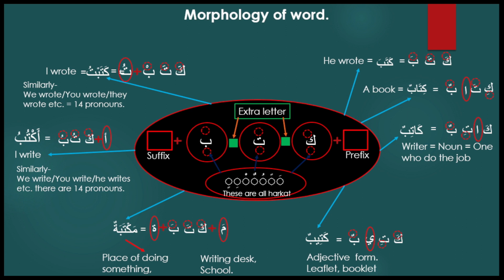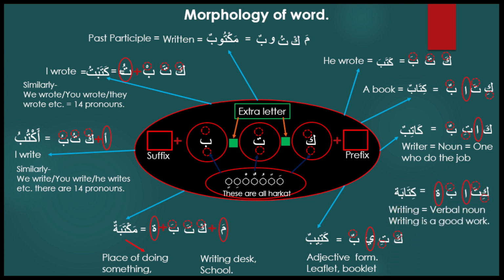It is an adjective form of the verb. Katibun means leaflet, booklet, etc. We can write maktubun, the mim at the beginning and waw in between the second and third base letter. Maktubun means written. It is the past participle.